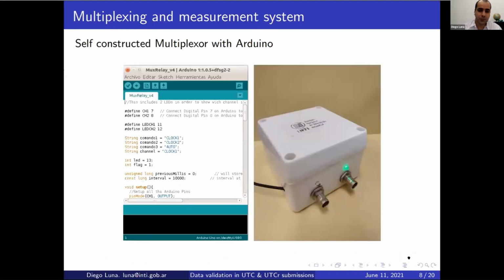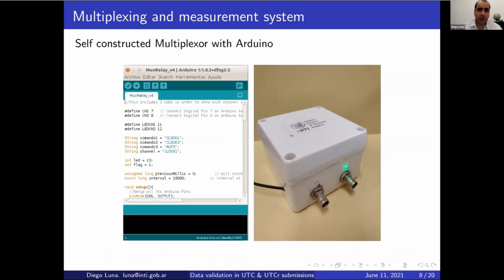I will just mention that the multiplexer we use is homemade, and it was quite cheap to build. It's built only with an Arduino board and a few relays.